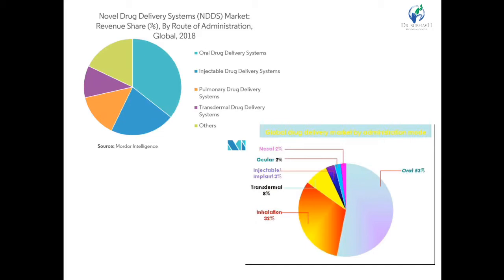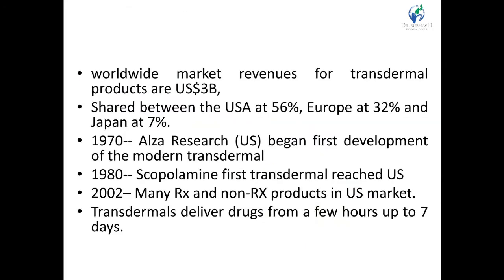Day to day, the use of transdermal drug delivery systems is increasing, and more research is going on in this area. Worldwide market revenue for transdermal products is around 3 billion US dollars, mostly shared between the USA, European countries and Japan.